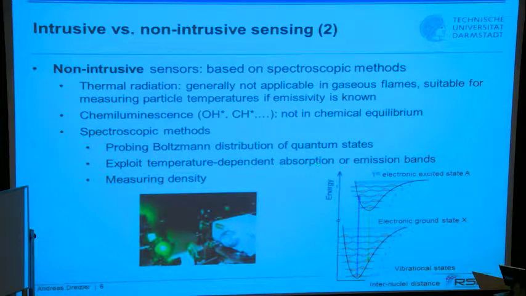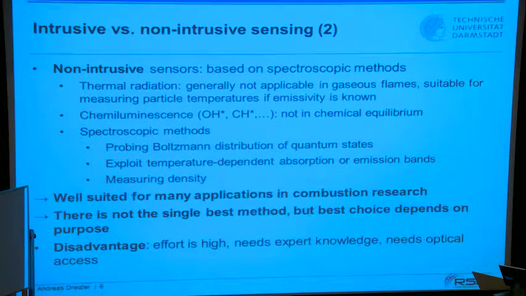That's why I would like to distinguish them. Or the third class, you try to measure the density of certain probe volumes, and then you assume an equation of state like the ideal gas law, and then transfer the density to a temperature.